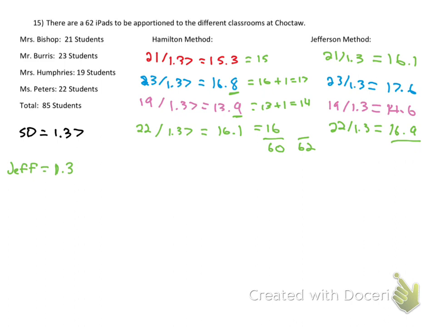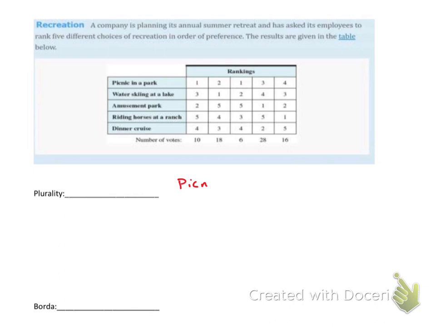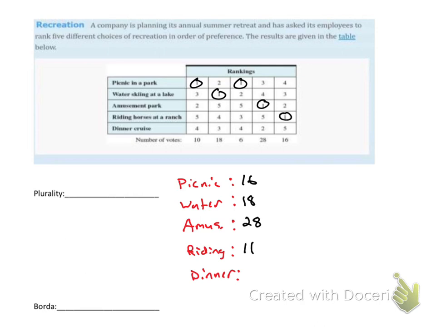All right. And last one, this isn't on your sheet, but I wanted to go over it. So remember that when we do the plurality method, we're just counting up the number one votes, right?